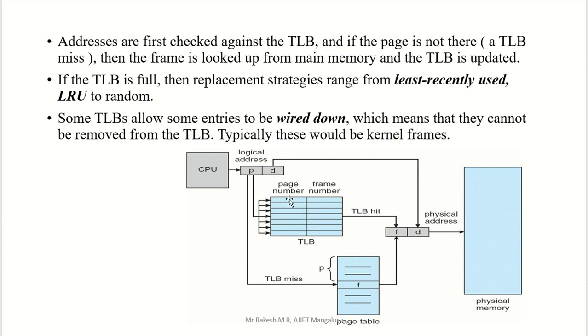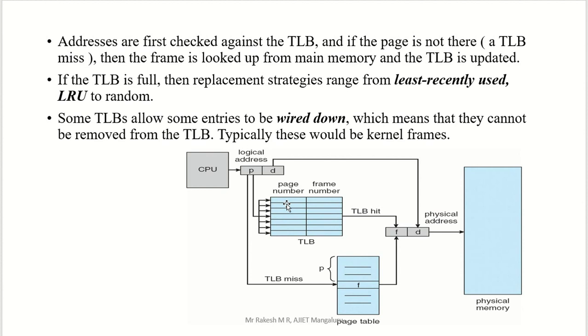The TLB size is fixed. We can store a maximum of, for example, 5 or 10 page numbers. Here we have the TLB, which is a buffer, and there we save the page number and frame number.